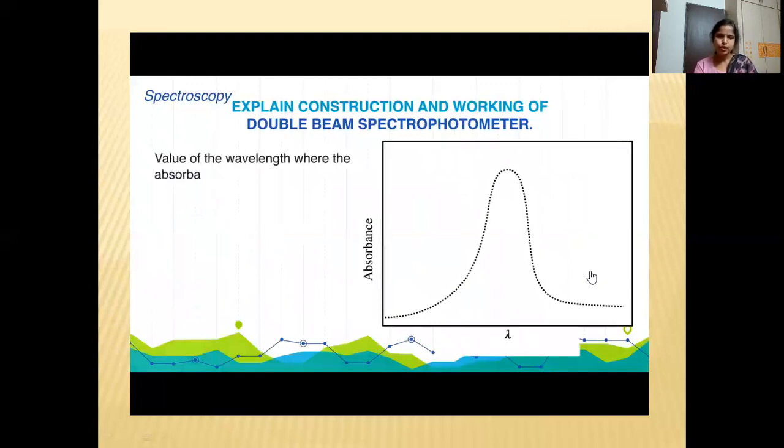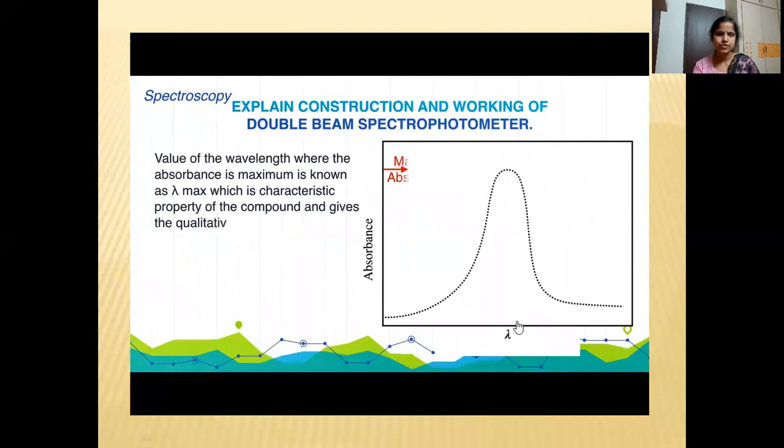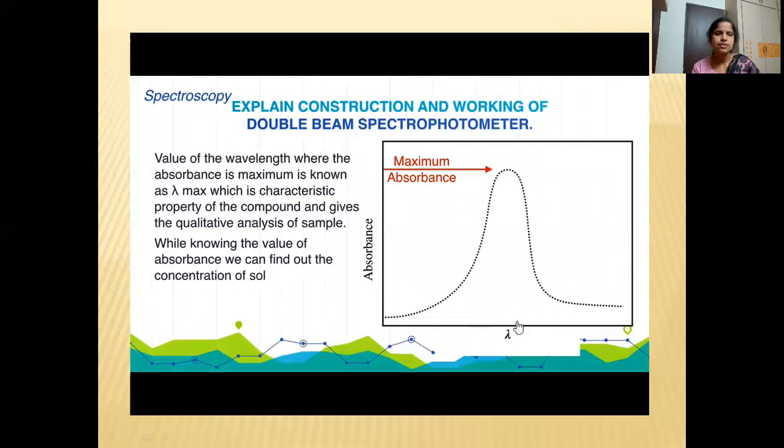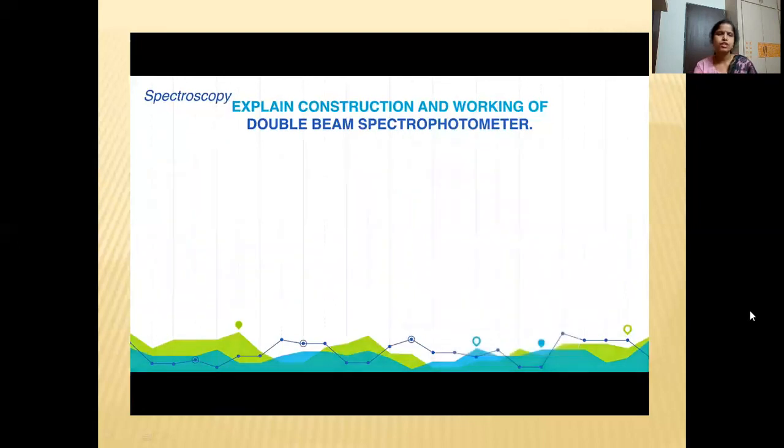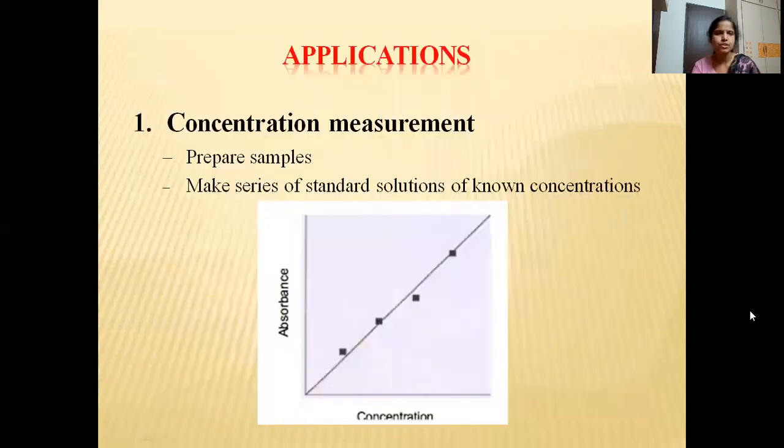Wherever the absorbance is high, that wavelength is taken as the lambda max value. This lambda max value is used for qualitative as well as quantitative analytical measurements, and the concentration can be found out by using Beer-Lambert's law. So this is how the double beam spectrophotometer works.